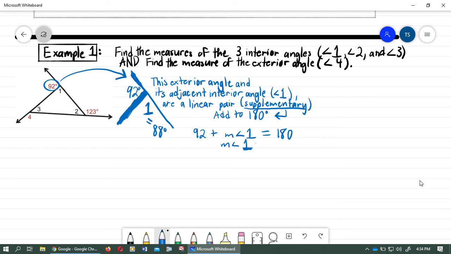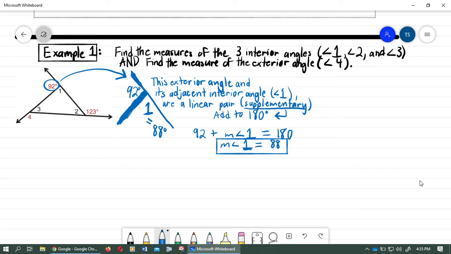This shouldn't be new to you. Now I'm talking to my students who are enrolled in my classes at our school, right? This shouldn't be new, doing what I'm talking about right now. All right, so again, the measure of angle 1 is 88 degrees.